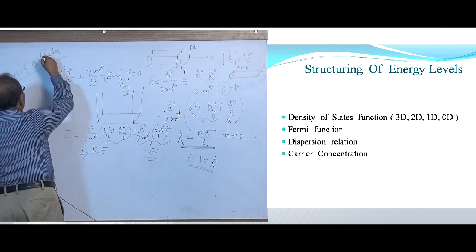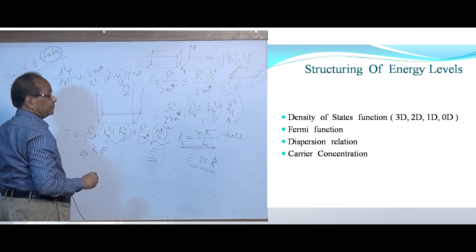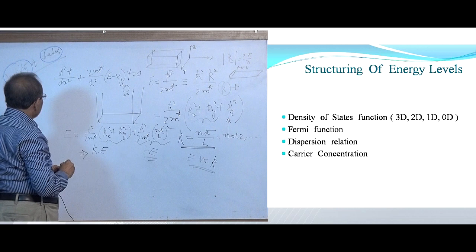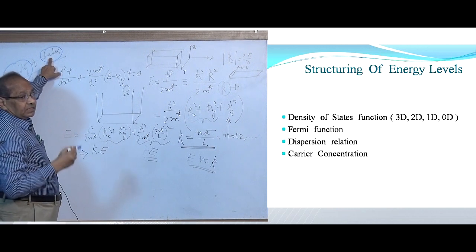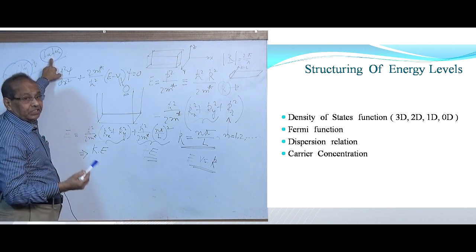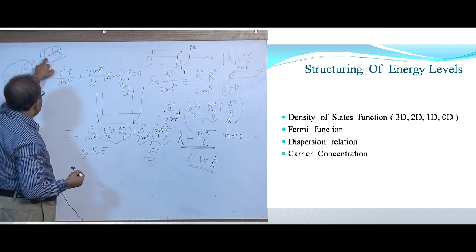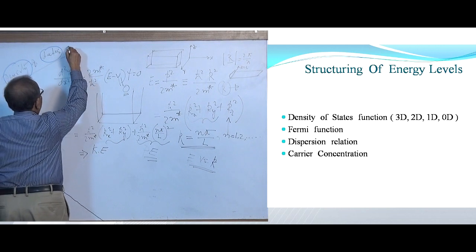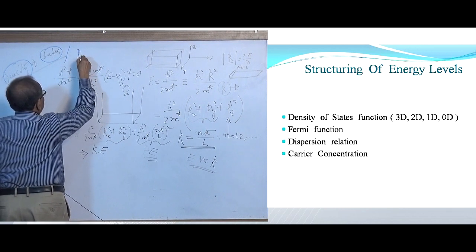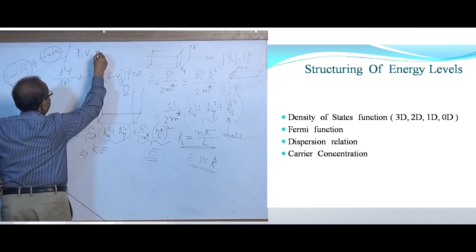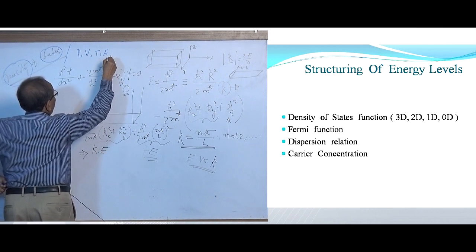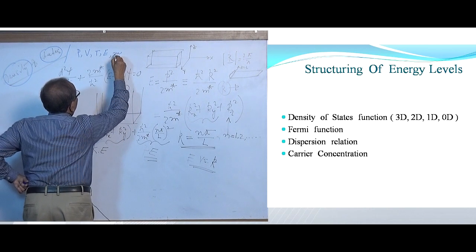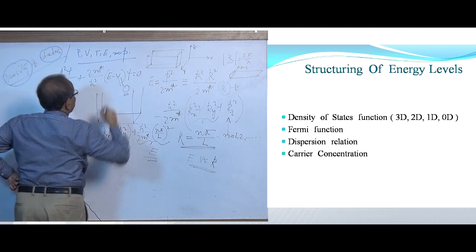See, two words, one is the states and another is the density. Now what do you mean by the states? The state is the thermodynamic state. The thermodynamic state is given by different parameters like pressure, volume, temperature, energy, momentum, say I am giving small p for momentum.